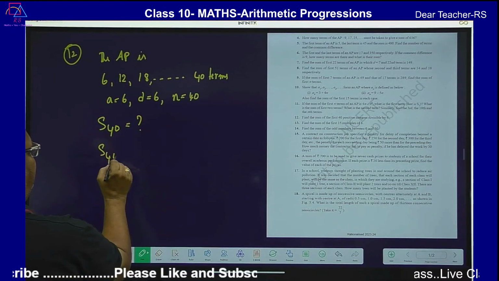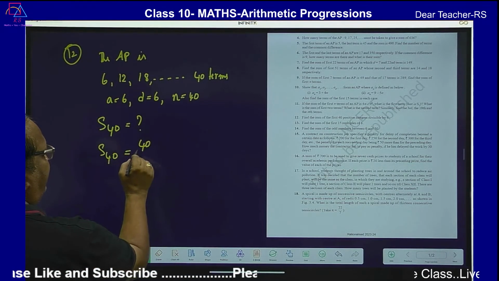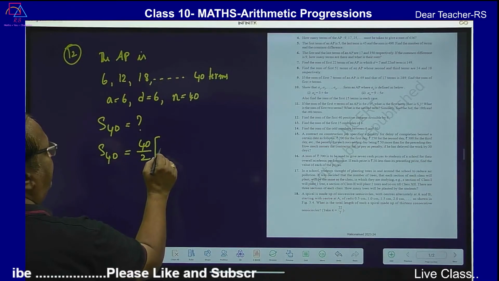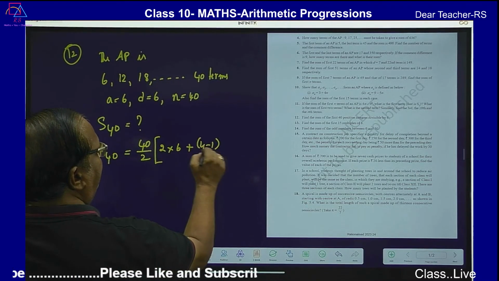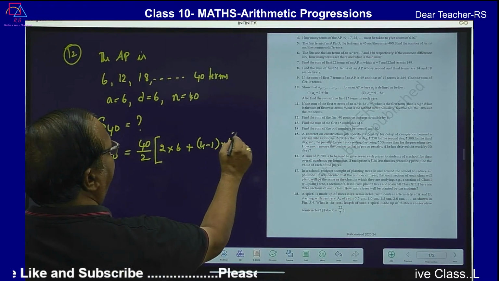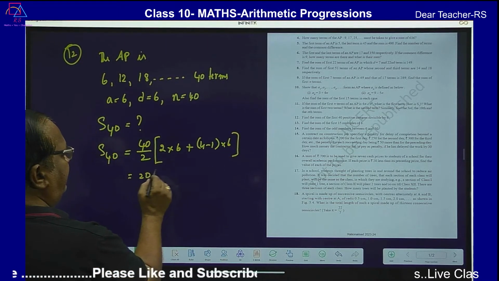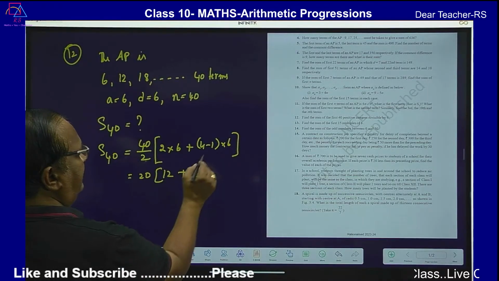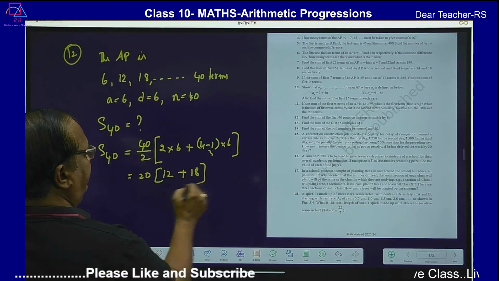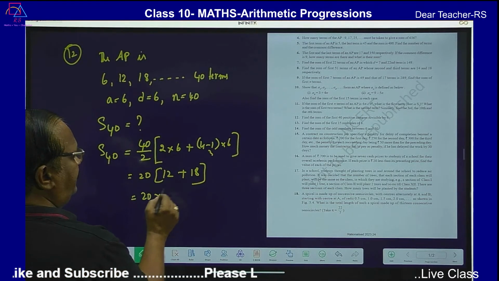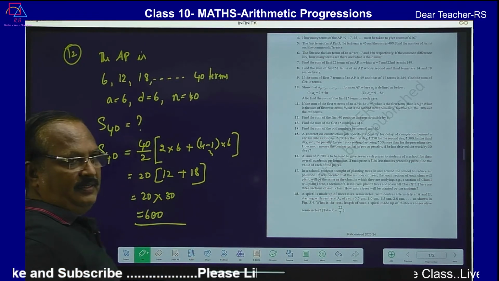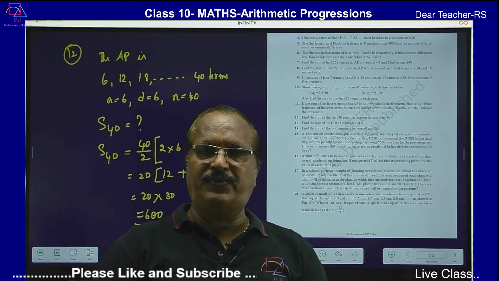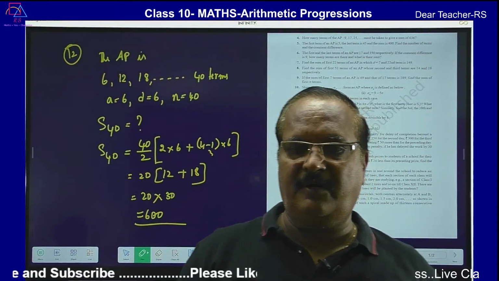So S40 is equal to, I am writing directly without writing the formula, n by 2 into 2a plus n minus 1 into d. So 20 into 12, plus 39 into 6 is 234, that is 246... So 20 into 30 is equal to 600. Okay.